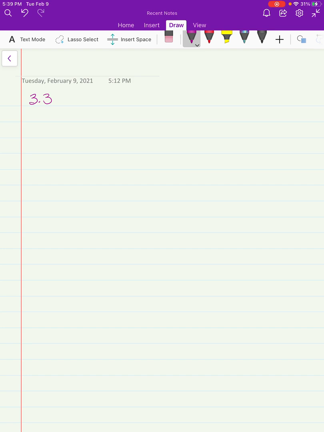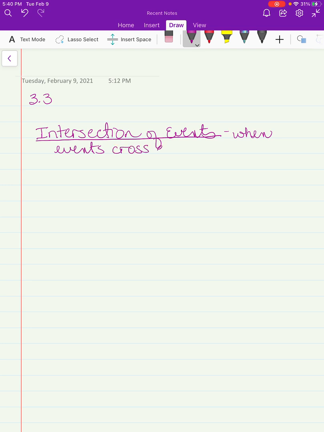I want to talk about the intersection of two or more events. And that is when two events cross each other, just like the intersection of two roads.